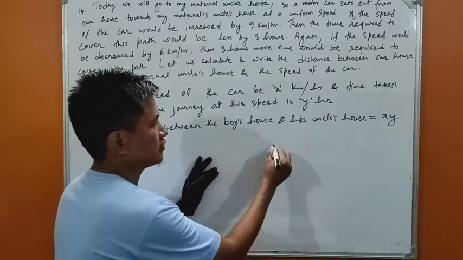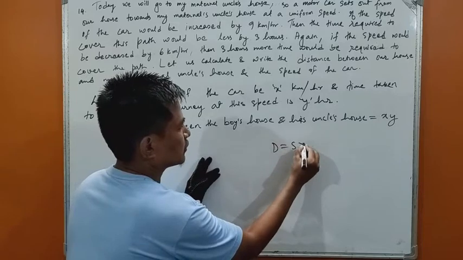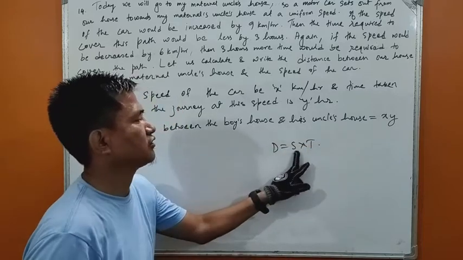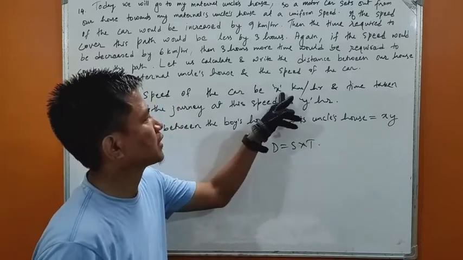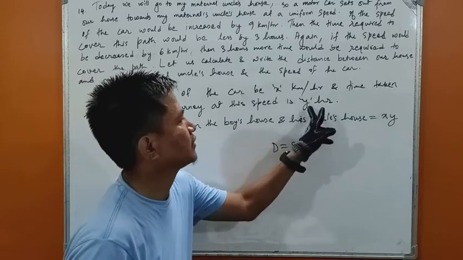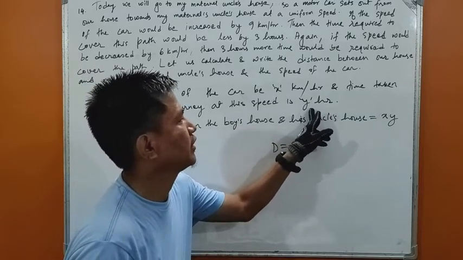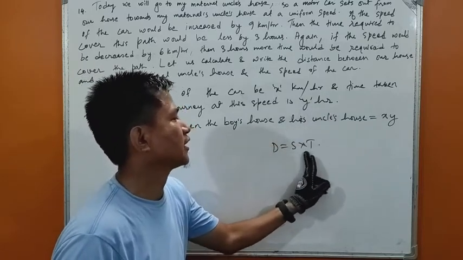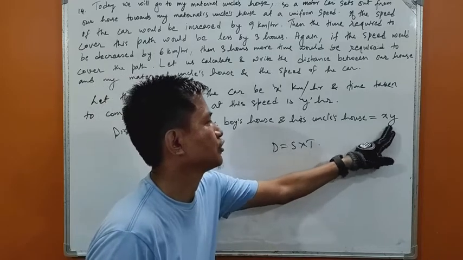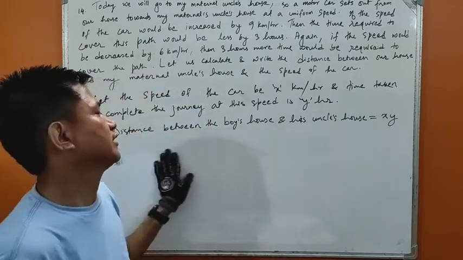Distance equals speed into time. The speed of the car is x kilometer per hour and the time taken is y hours, so the distance is speed into time, x into y. Okay, this is the distance.